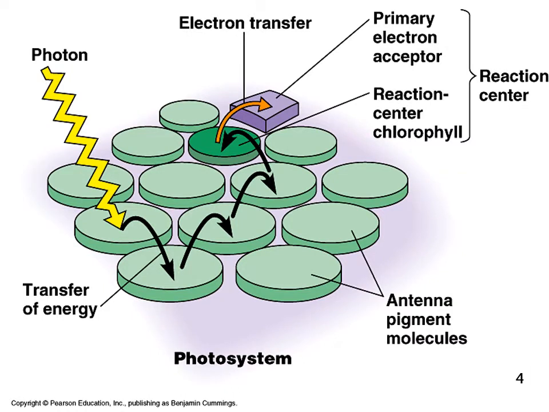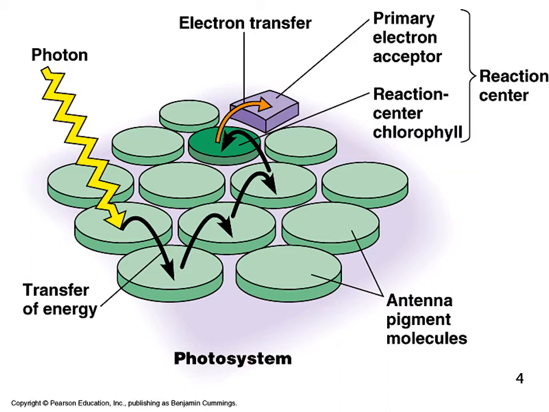Before we move to further discussion of the light dependent reaction, we look at the structure of the photosystem. Let's look at how a photosystem harvests light energy in the light dependent reaction.